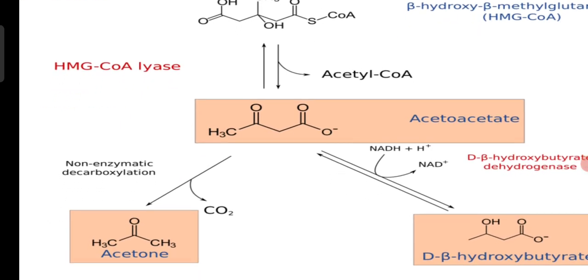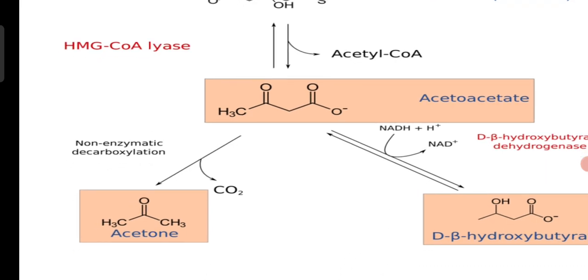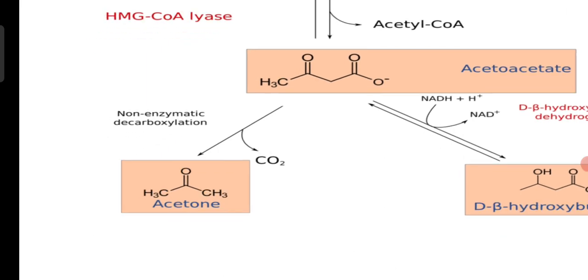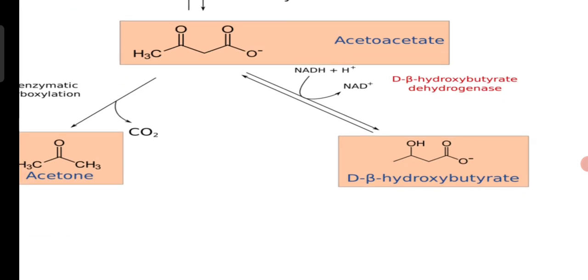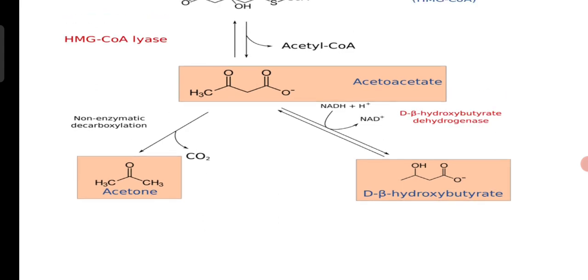So this acetoacetate undergoes 2 reactions. One is decarboxylation. While undergoing decarboxylation, we are getting acetone, and while undergoing reduction, we are getting beta hydroxybutyrate. So these are the products of ketogenesis, acetone and beta hydroxybutyrate. So we start with 2 acetyl CoA and we end with acetone and beta hydroxybutyrate. So this is ketogenesis.